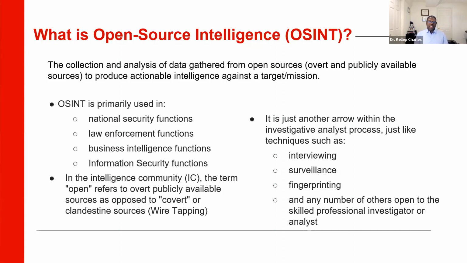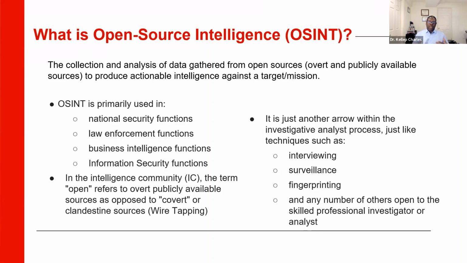Also in business intelligence functions: what information is being provided about my organization? What public information is out there that competitors could use to gain a competitive advantage or conduct any type of activities against my organization? And lastly, within the information security function, OSINT plays a part in red teaming.